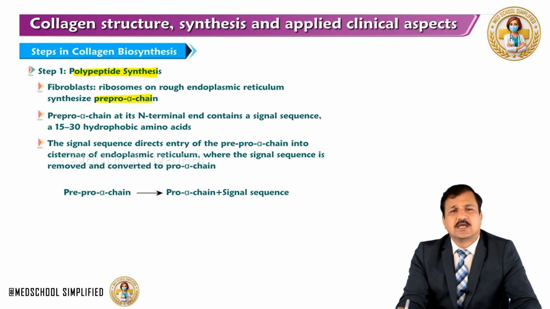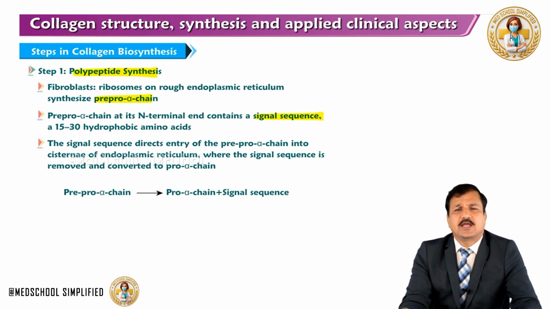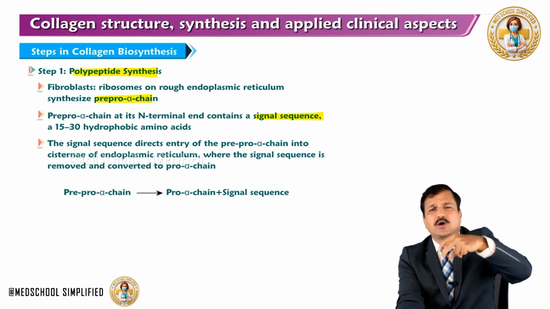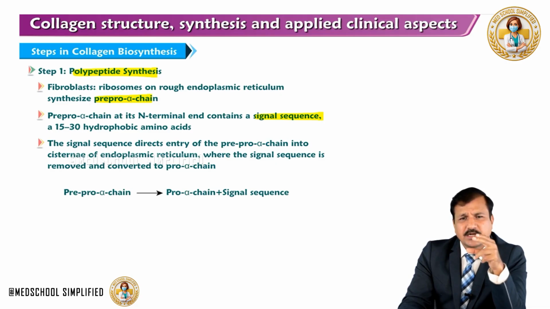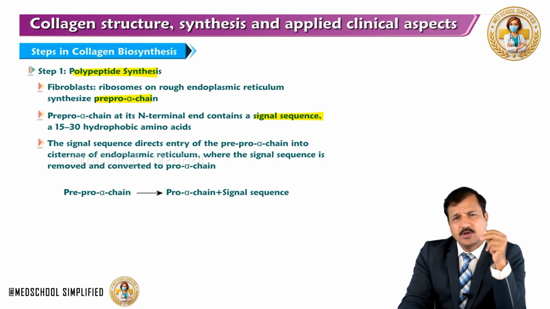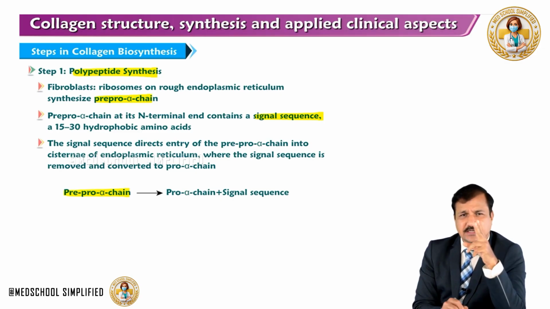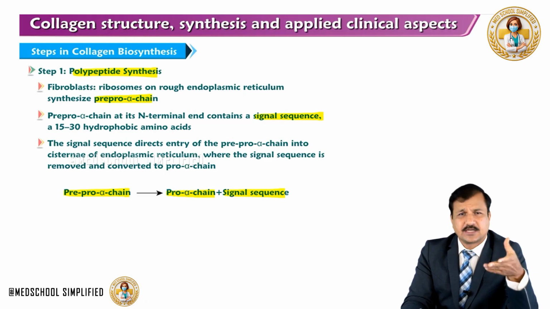Note that this pre-pro-alpha chain has an amino terminus containing a signal sequence of around 15 to 30 hydrophobic amino acids, and this signal sequence directs the chain into the cisterna and then the lumen of the endoplasmic reticulum. In the lumen, the pre-pro-alpha chain is converted into a pro-alpha chain after removal of the signal sequence.